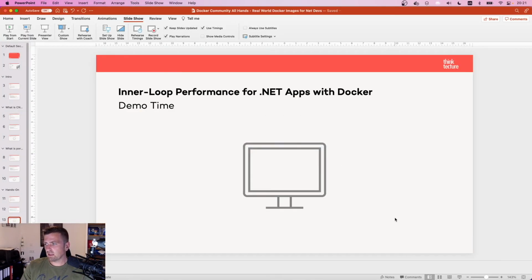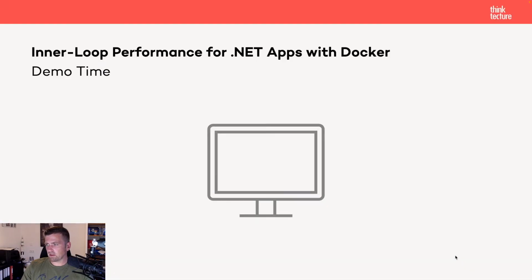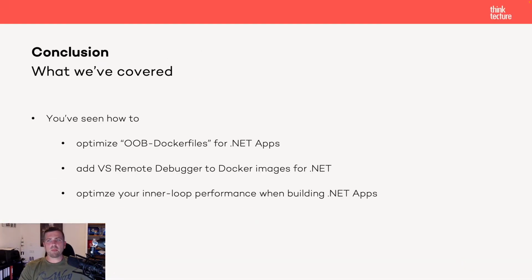And with that, let's move back to the slides and bring this to the end, right? So what we've seen, we've taken the out-of-the-box Dockerfiles generated by Microsoft's Docker extension for VS Code and optimized them a bit to address some performance aspects and get rid of some pitfalls that you may run into.